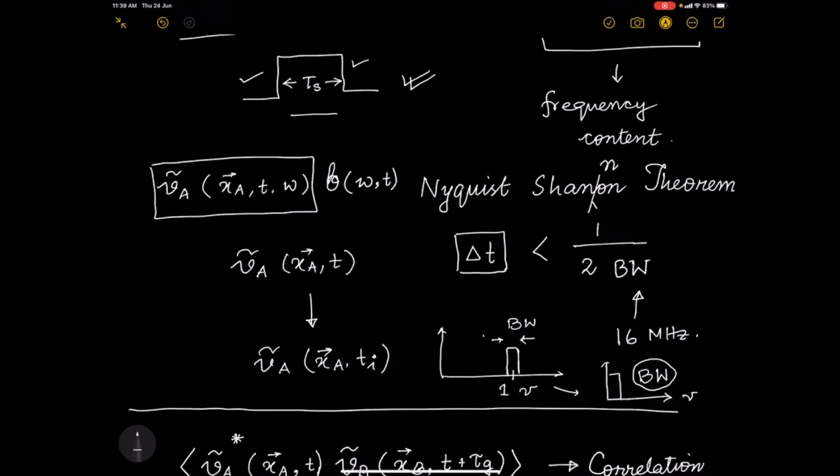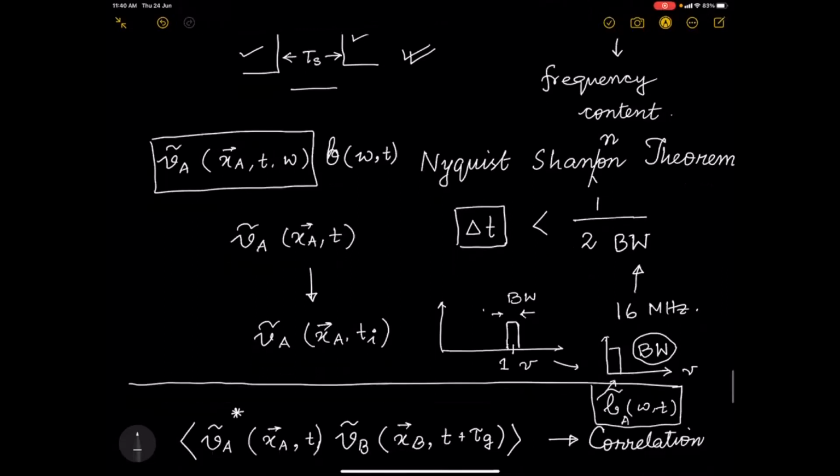So my bandwidth is now just 32 megahertz, and the Nyquist-Shannon sampling theorem will tell you that you have to sample at twice the frequency of the signal, right? So that is what is done, and the shape of this filter is called the bandpass filter, which is what I was writing as b omega t. I did not want to go into this detail unless you had a question, but now you can. Does that answer your question? You can say yes, no.